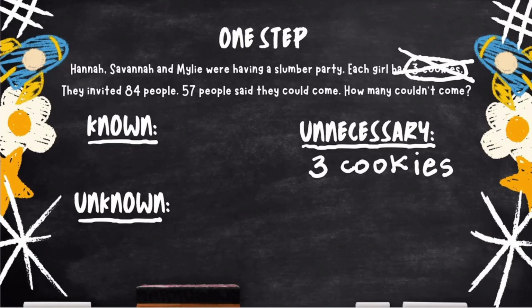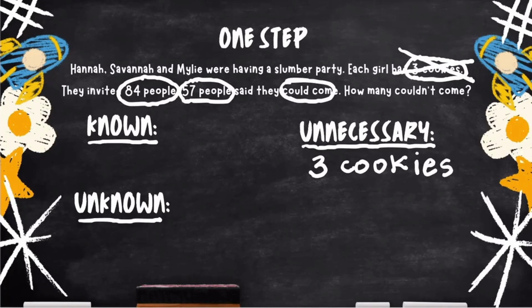Okay, and now we have to figure out what we know and what we don't know. So we know that they invited 84 people, and 57 people said they could come. So there's 84 total people, and 57 is the part we know. 57 are coming to the sleepover, the slumber party.